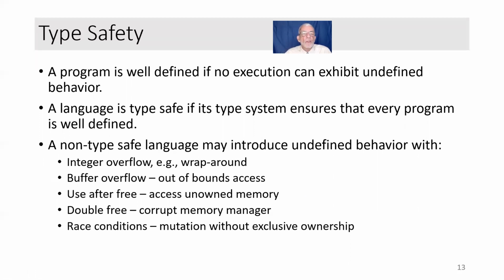A language is type safe if its type system ensures that every program is well defined, and Rust is type safe. A non-type safe language may introduce undefined behavior with integer overflow, buffer overflows, use after free, double free, race conditions, all those kinds of things that malware likes to exploit. You can't get that in Rust.